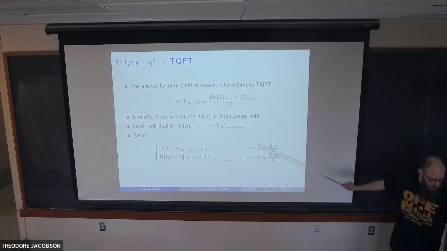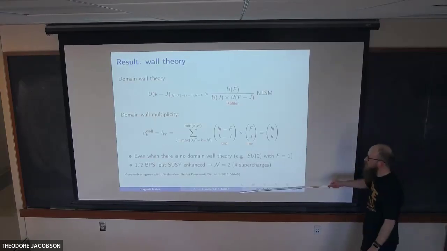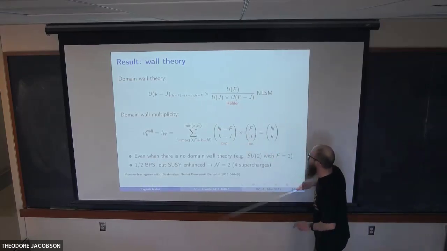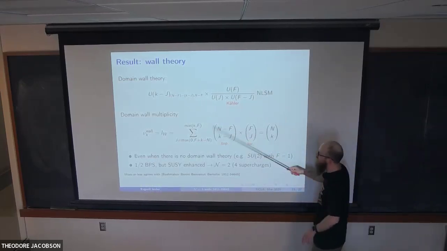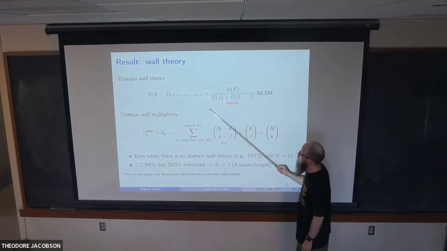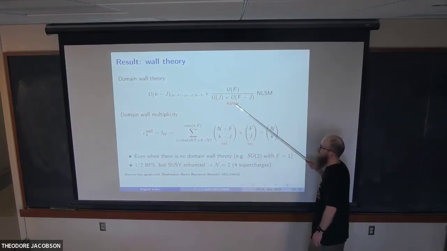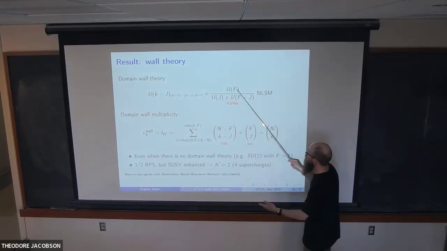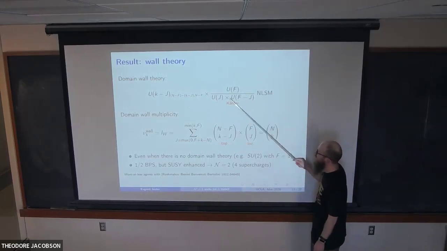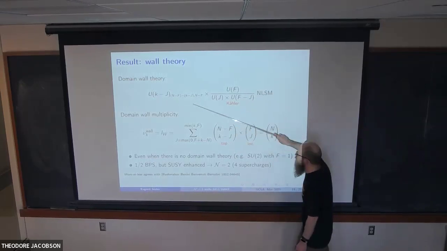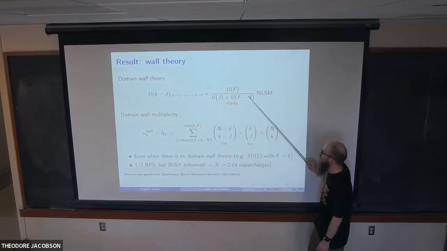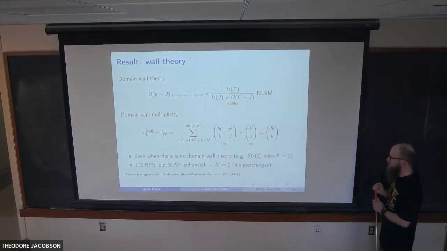So as a result we get some complicated formula. The fact that you should pay attention to is that, for some number of layers which is less than n, the domain wall theory is a product of a TQFT and a sigma model.